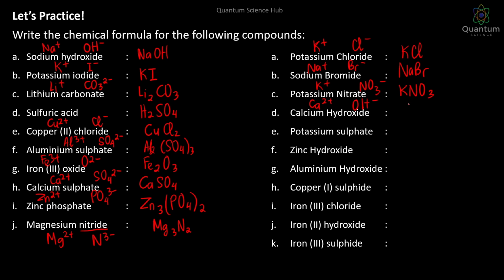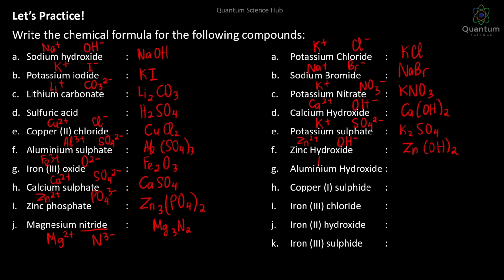So Ca(OH)2, right? Potassium K+, sulfate SO4 2-. So K2SO4. Zinc hydroxide, Zn2+, hydroxide is OH-. So Zn(OH)2.